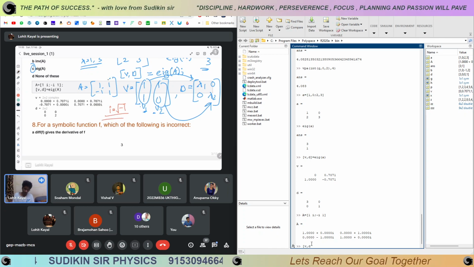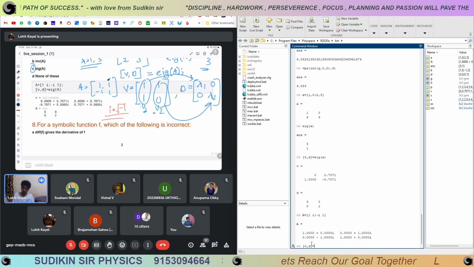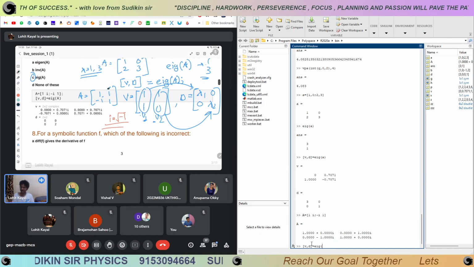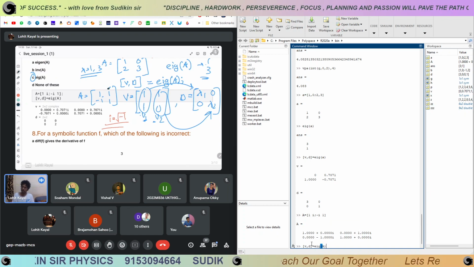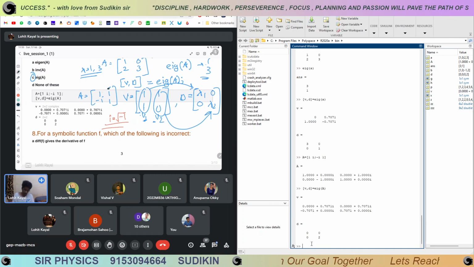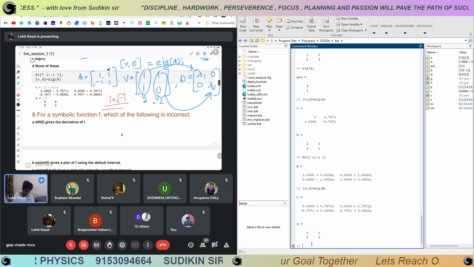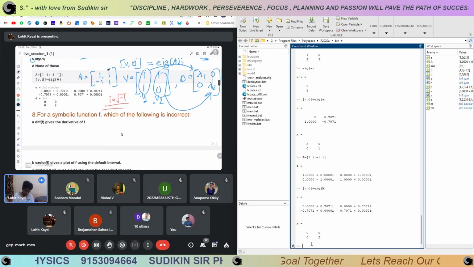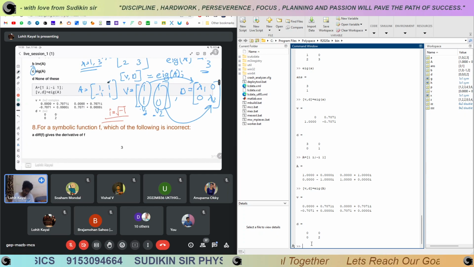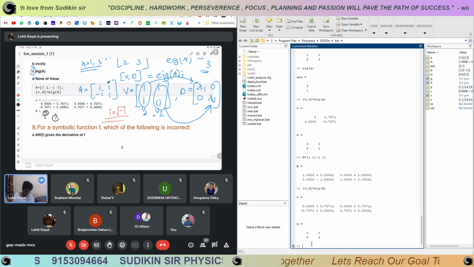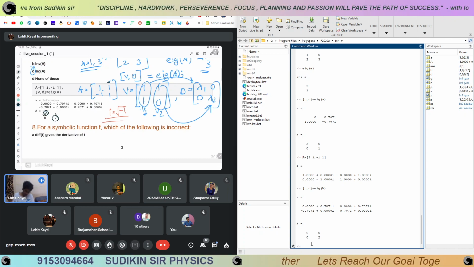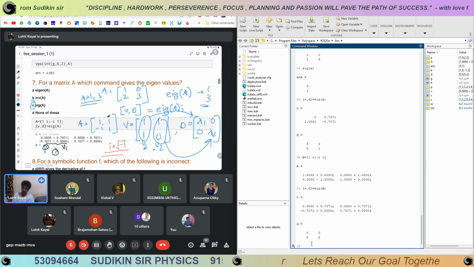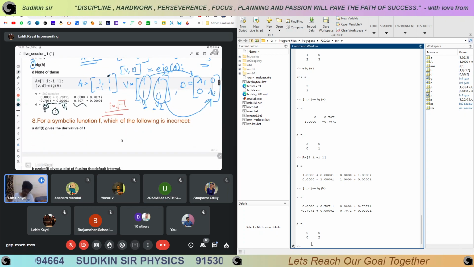Just type small i, and MATLAB will understand that this is the complex i. The matrix is [1 i; minus i 1]. Here you see that one eigenvalue is 0 and another eigenvalue is 2. They appear on the diagonal, and here this is the first eigenvector v1, and this is the second eigenvector v2.